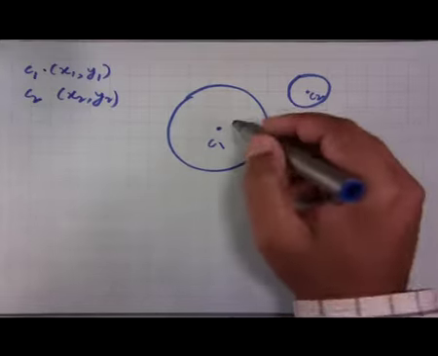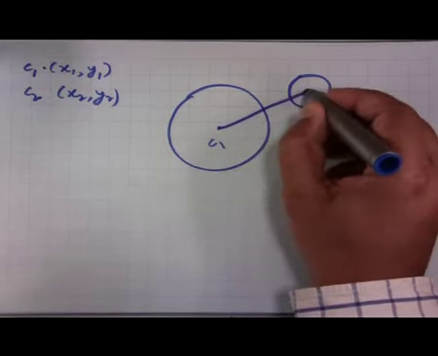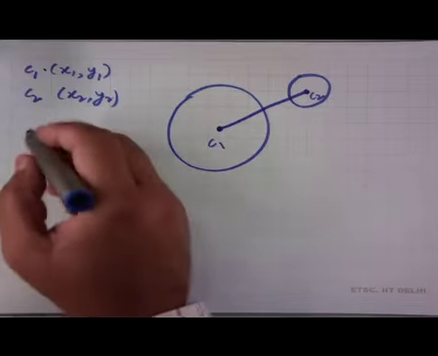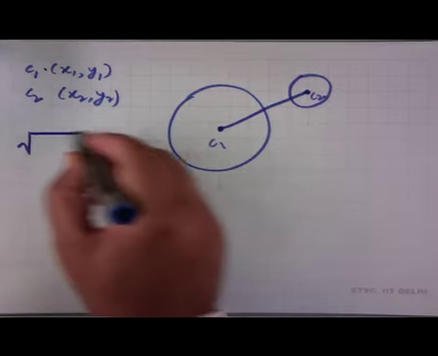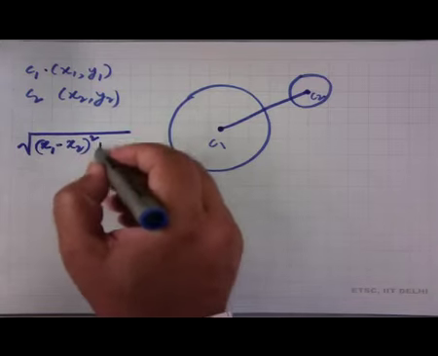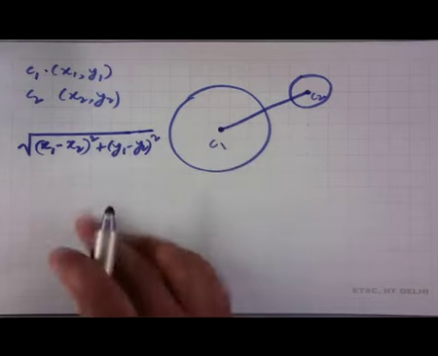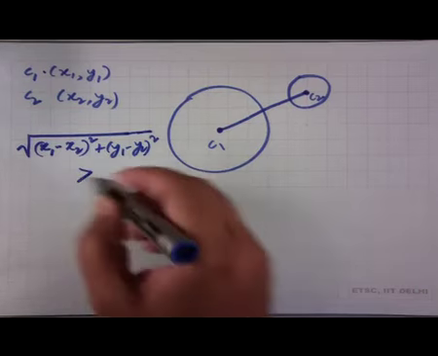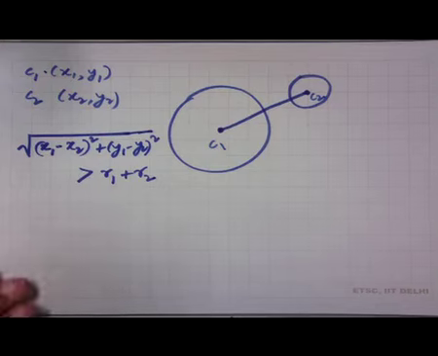What we realize is that if the straight line distance between the two centers, which is actually this expression, is greater than the sum of the radii. So, this we can easily check.